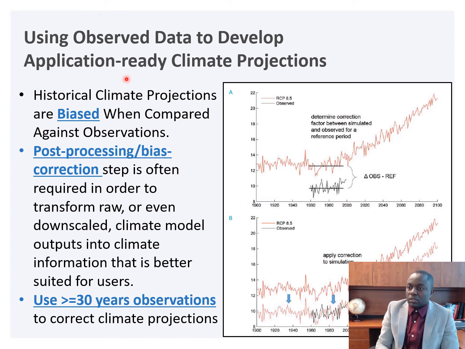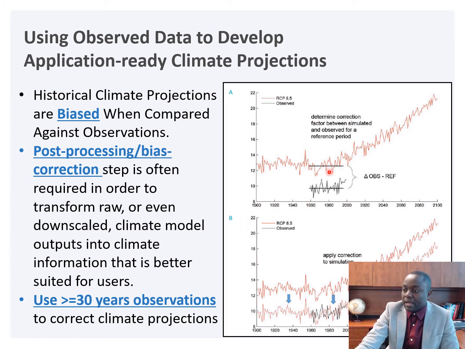We also use observed historical data to develop application-ready climate projections. Historical climate simulations are biased when compared against observations, and we typically apply a post-processing step known as bias correction to produce application-ready data.